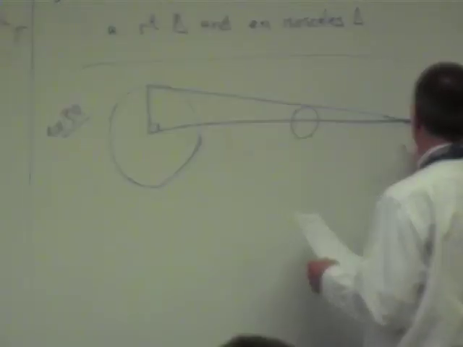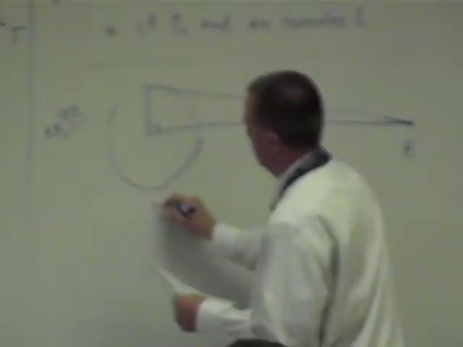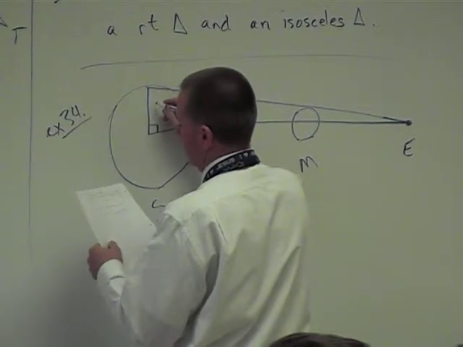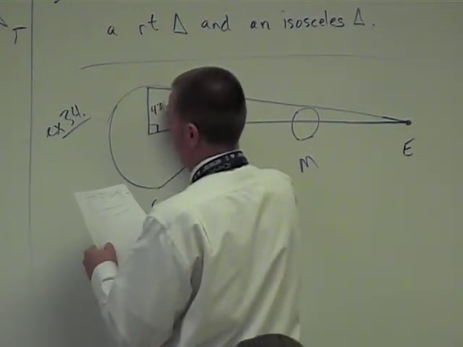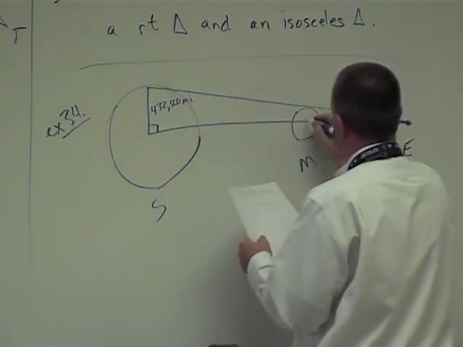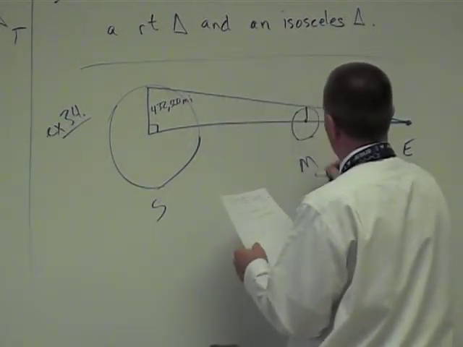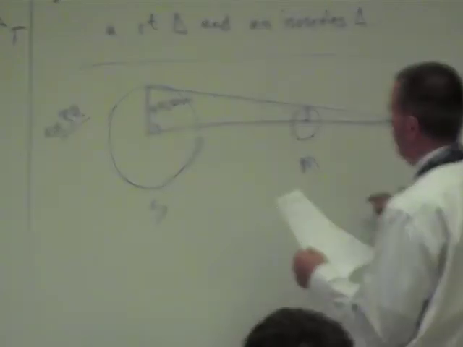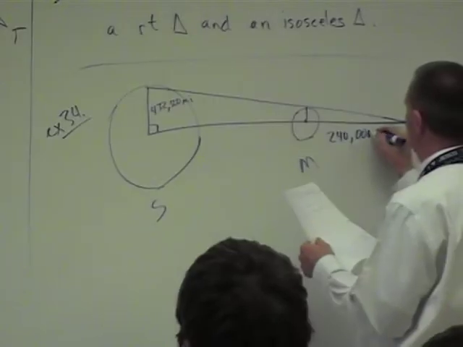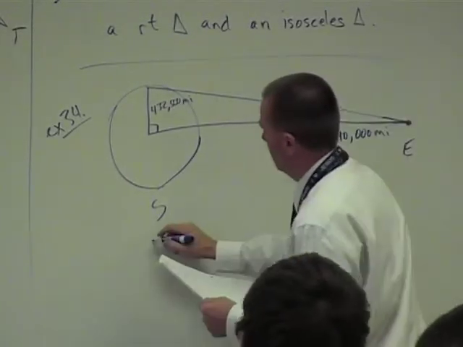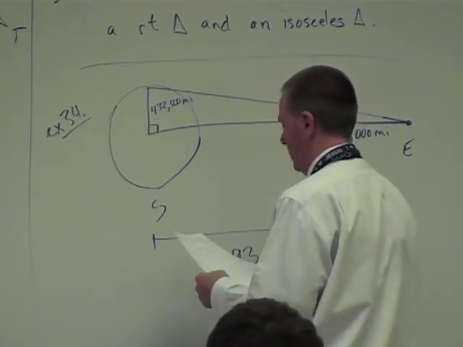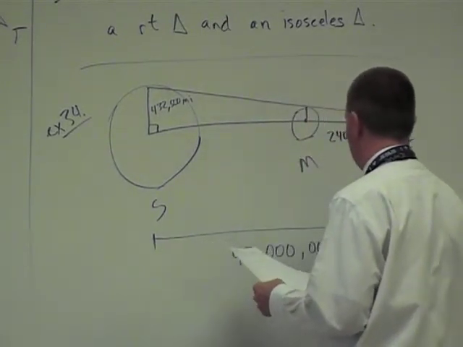This is the earth. Looks like a car. This is the moon. This is the sun. The radius of the sun is 432,500 miles. There's the radius of the moon. Distance from the earth to the moon is 240,000 miles. The distance from the earth to the sun is 93 million miles.